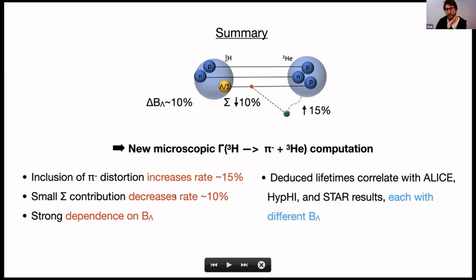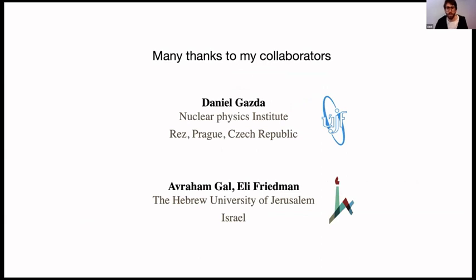And then from that, we can extrapolate and deduce the lifetime. And we see that they correlate well with the published results from different heavy ion collision collaborations, as long as each is related with a different separation energy. Yeah, many thanks to my collaborators again, and of course all of you for your attention. And happy to take questions.